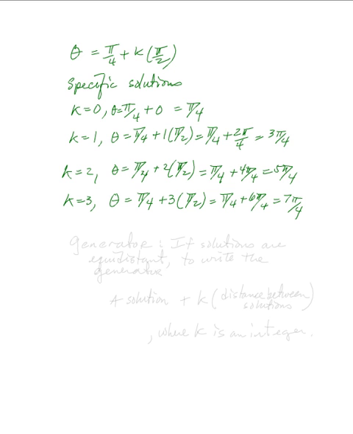In general, here's the pattern for writing your generator. And this is, of course, if the solutions are equidistant. So, if solutions are equidistant, to write the generator, you start with a solution.